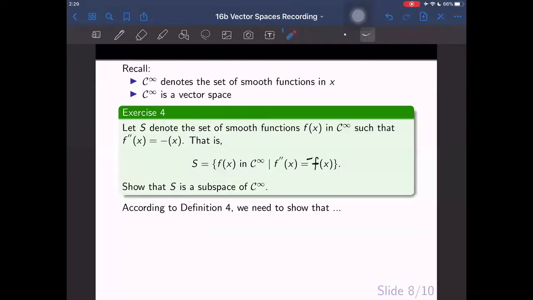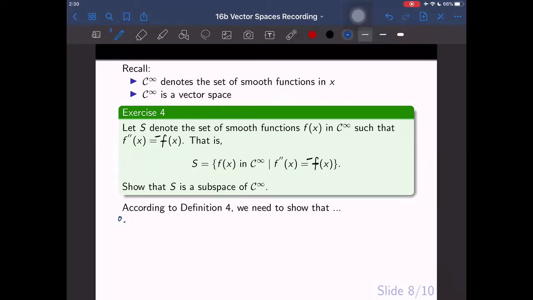Let us now do an exercise involving C infinity, the vector space of all smooth functions in x. Here, S is the set of smooth functions so that the second derivative of f is equal to the negative of f. And we want to show that S is a subspace of C infinity.